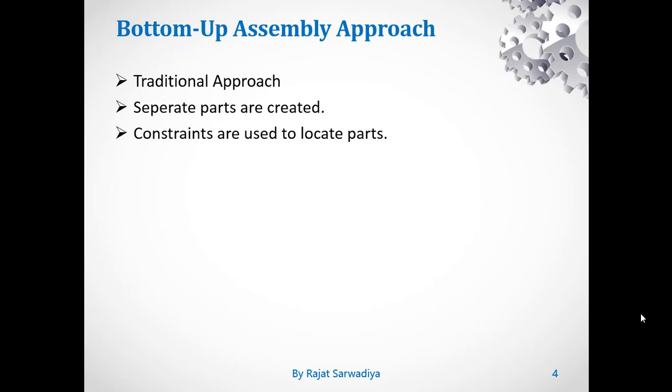When we start creating the assembly, at that time we will be discussing the constraints available and how to use, where to use those constraints. So this is your bottom up approach.